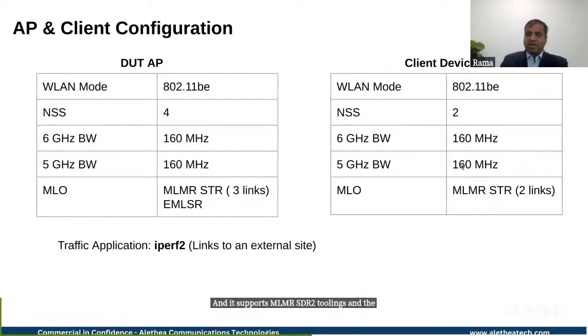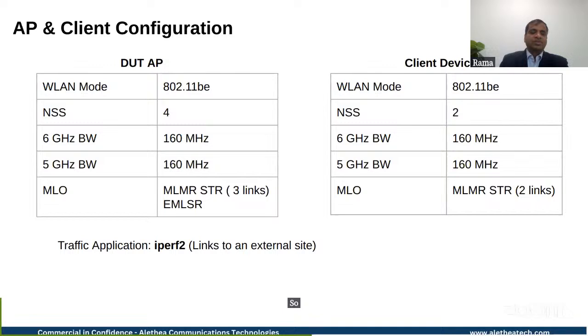There is a particular reason why the bandwidth is set to the same value in both 6 gigahertz and 5 gigahertz. The reason is that TCP transmission efficiency is best if the channels are of the same size. If you have different size channels, the results of TCP are not very intuitive to understand.